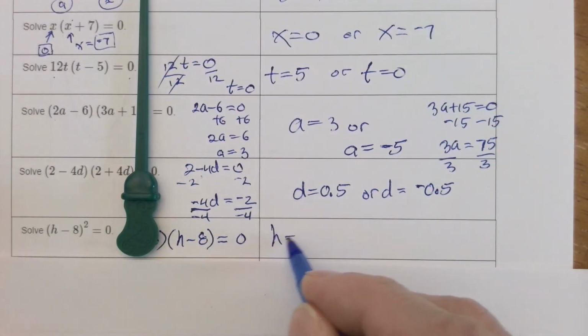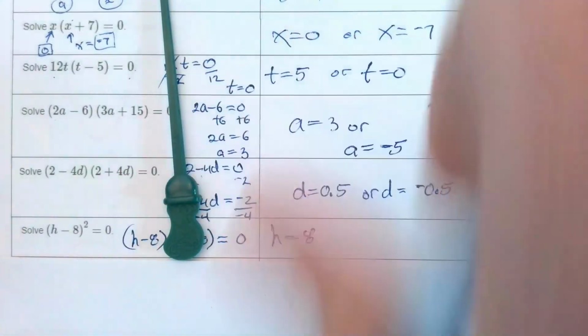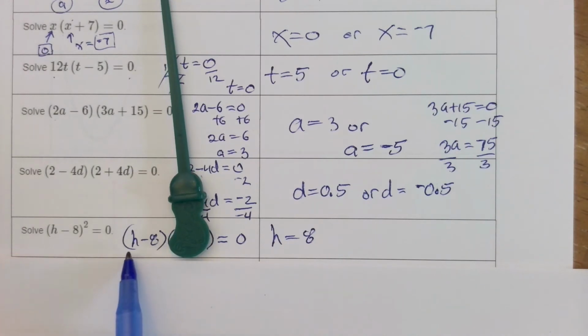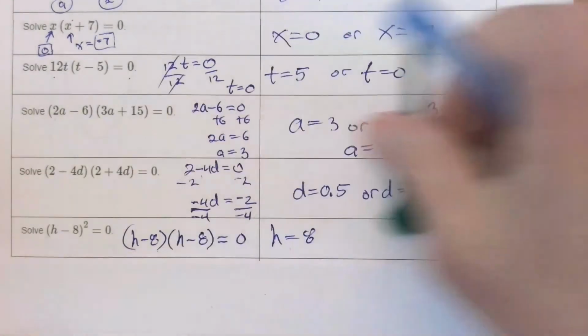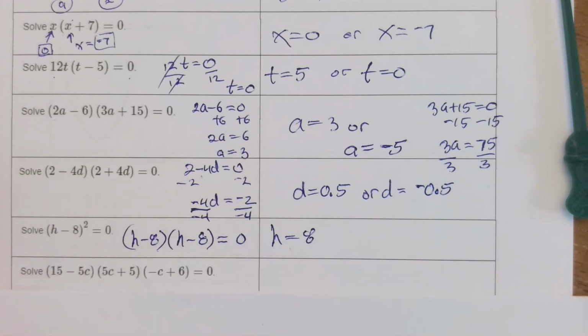So here's our first answer. But the other factor is exactly the same. And so the root, the solution, the 0 that solves this is 8. And that's nothing different than you had before. So duplicate factors lead to not as many roots. In this case, you just get one root.